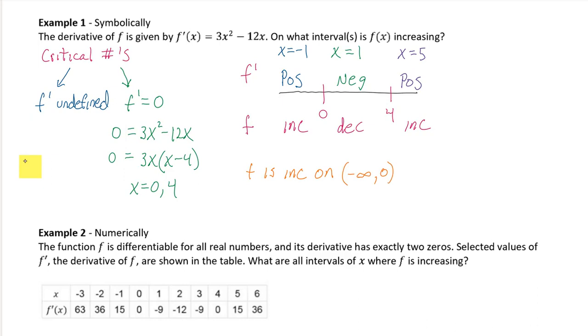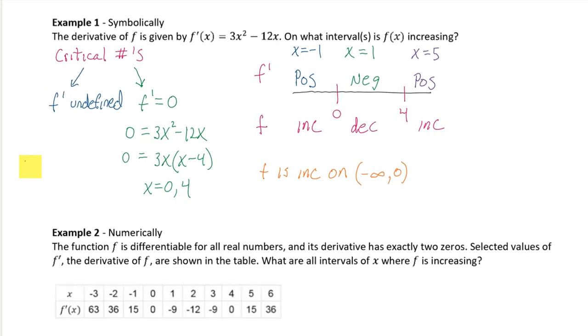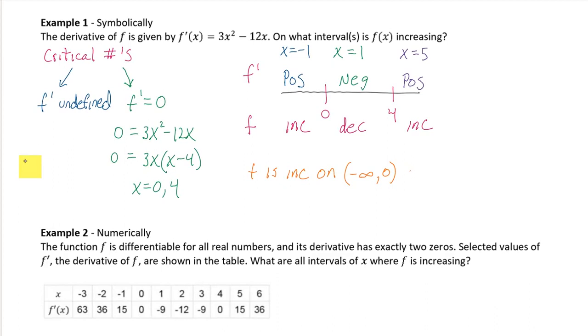There's no restriction on this one, so I'm going to go all the way to negative and positive infinity. So we have -infinity to 0 and 4 to infinity, and the reason we know that is because f prime is positive. Okay, so there's the first one.